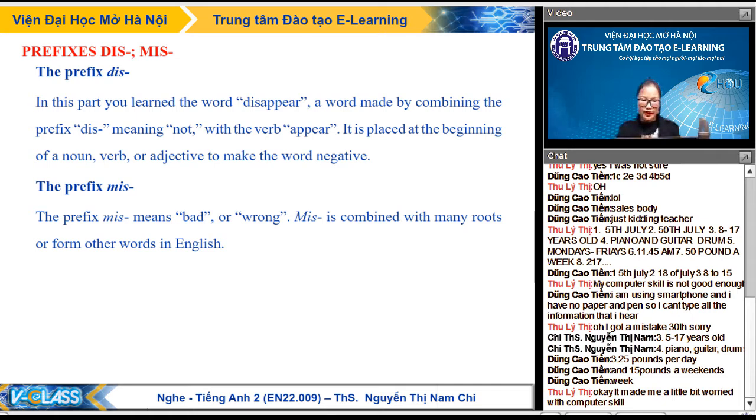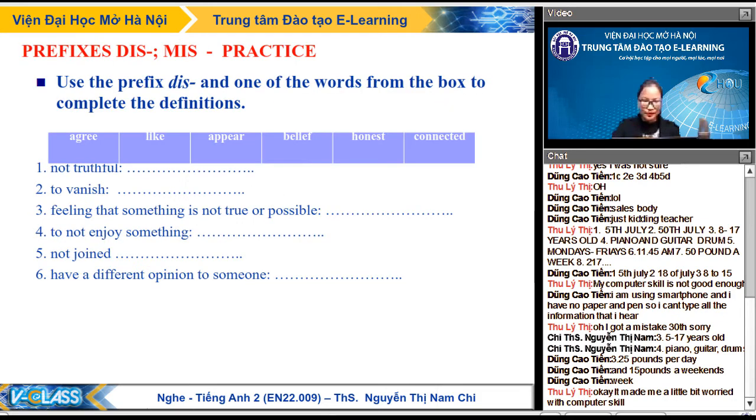Mis- is combined with many words to form other words in English. Now please use the prefix dis- and one of the words from the box to complete the definitions. You have agree, like, appear, believe, honest, and connected.